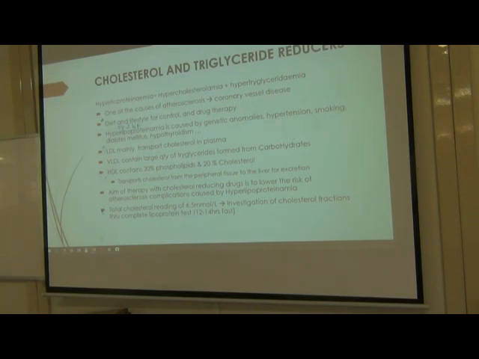But HDL contains only 20% of cholesterol and 30% of phospholipids. Also, in addition, HDL transports cholesterol from the peripheral tissue to the liver for excretion. So HDL helps with the metabolism and excretion of cholesterol. And that's what we want higher.